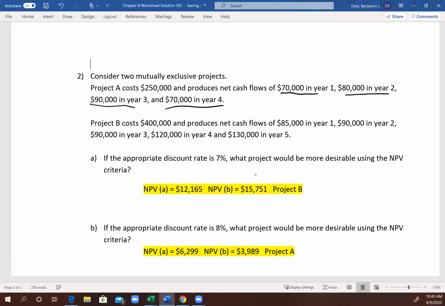Now, how do we know a project's only going to last for 4 years? Well, that's part of the assumptions we make. We'll learn about it in another chapter. We generally call the project's life its economic life, and the economic life is based on basically experience.